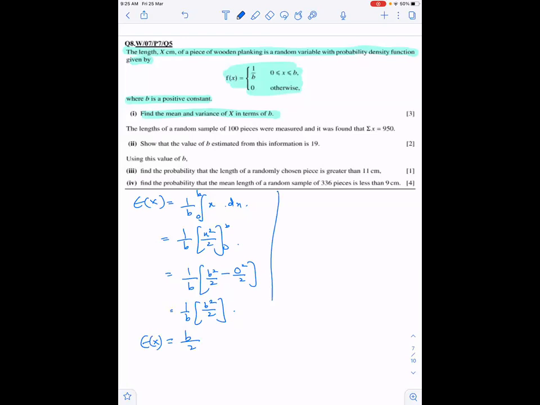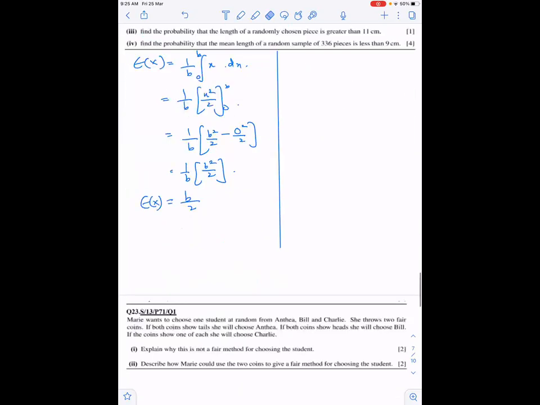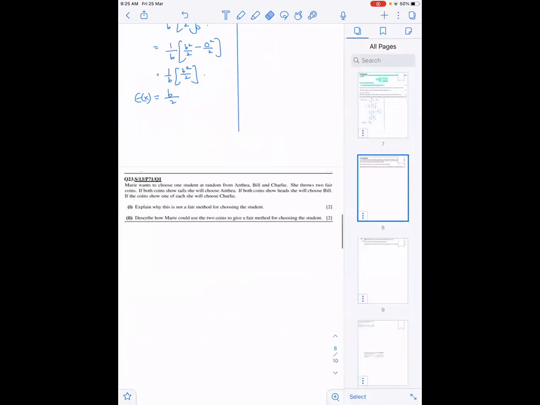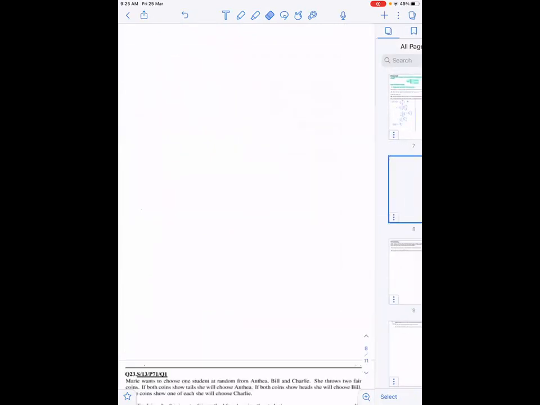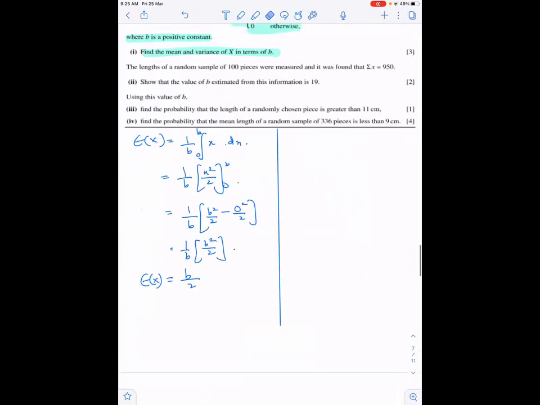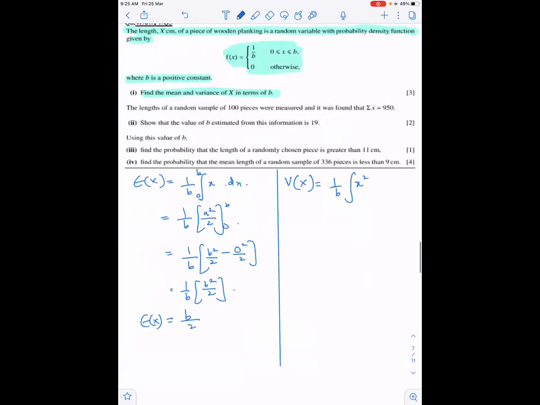For variance, are you getting it? Variance of x, I'll do it here. The formula is you take out 1 upon b as common, and integrate x square dx.